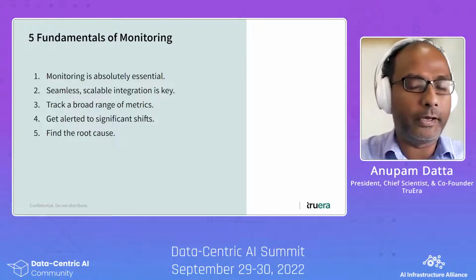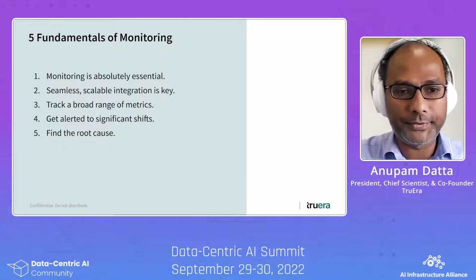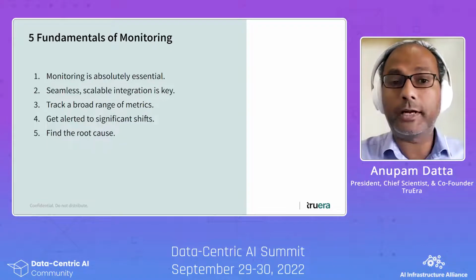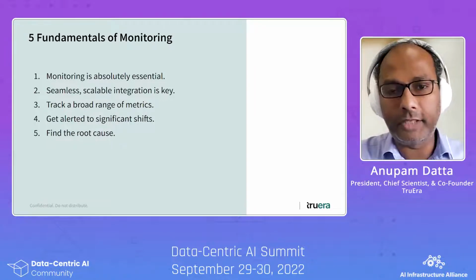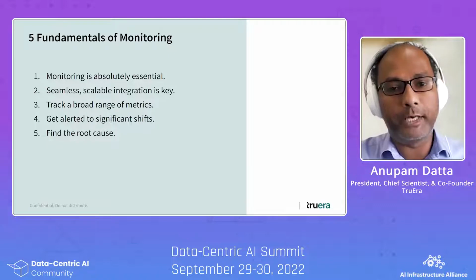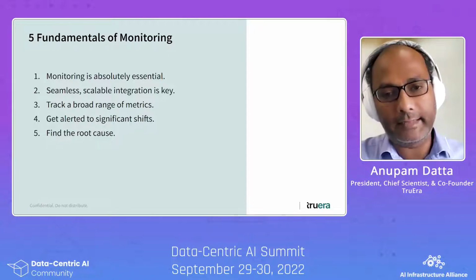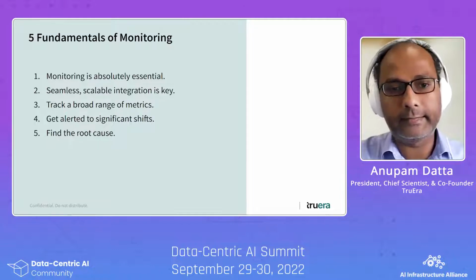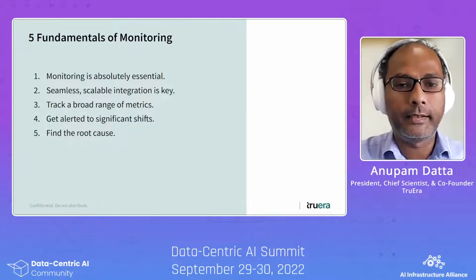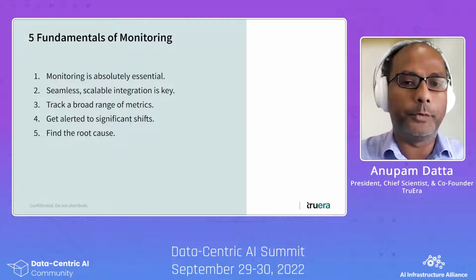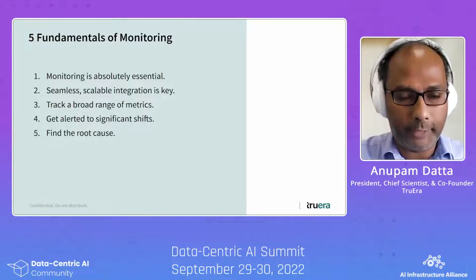development and deployment platforms. Third, you want to track a broad range of metrics, not just accuracy, but much broader than that. Metrics related to drift and data quality and fairness and more, so that you have a better view, a more complete view of the quality of your models.